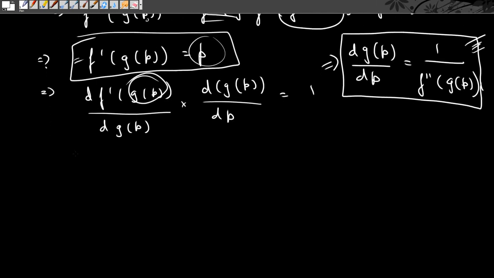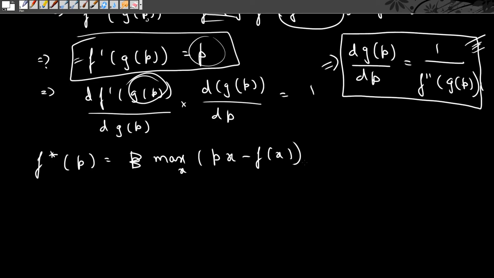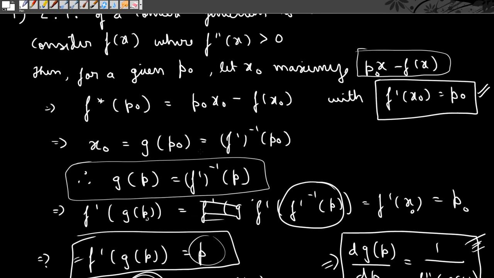Alright, so once we have this relation, let us consider the Legendre transform equation: f star of p equal to max over x of p times x minus f of x. Now the value of x where p x minus f of x takes the maximum value corresponds to x max equal to g of p, from this relation.